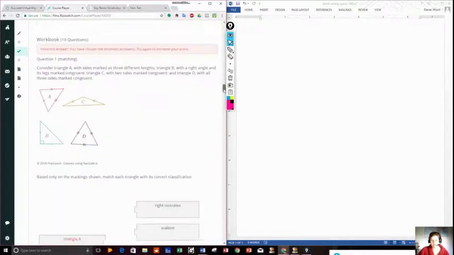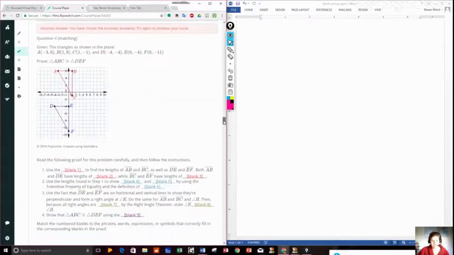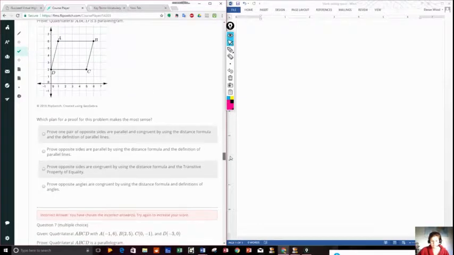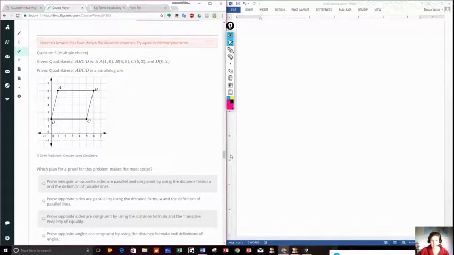So let's go back to our question 6 and see if it comes up with any plan like that. So opposite sides are congruent. So which plan for a proof for this problem makes the most sense? Prove one pair of opposite sides are parallel and congruent by using the distance formula and definition of parallel lines.